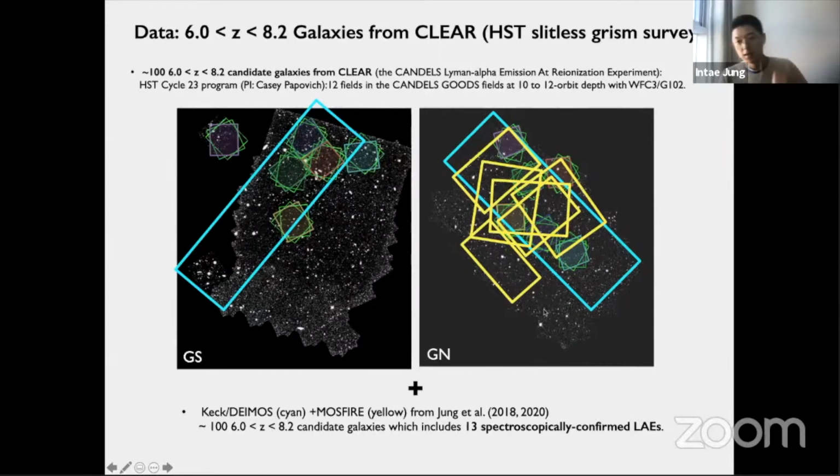Those Keck datasets provide the spectroscopic dataset of an additional 100 redshift 6 to 8 candidate galaxies with 13 spectroscopically confirmed Lyman-alpha emitters.